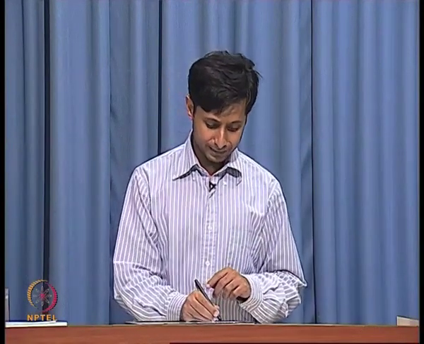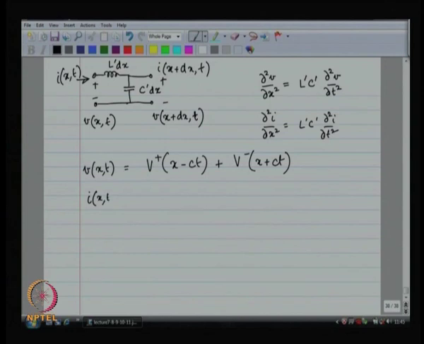All right, what about the current? The current is also going to have a very similar relationship, but this I plus and I minus are basically different from V plus and V minus. They can be anything. Okay.